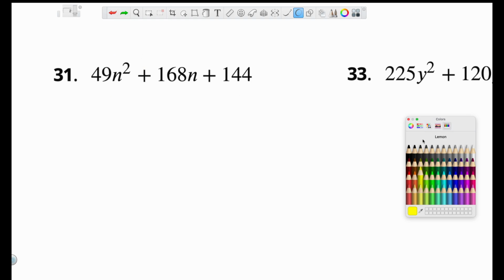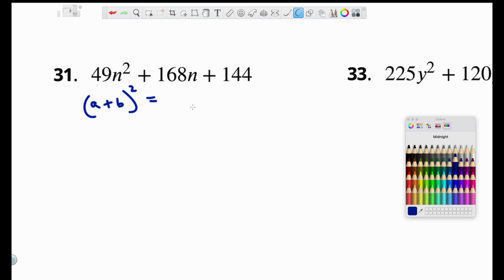I suspect that this is a perfect square binomial, which means that, let's say I had a plus b, and I squared it. This is just a simple perfect square binomial here. And let's see, what example is this one in our packet?